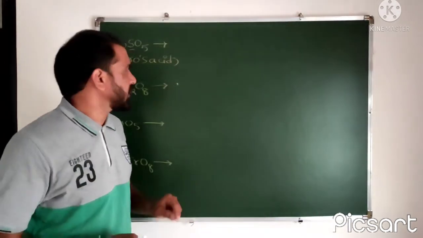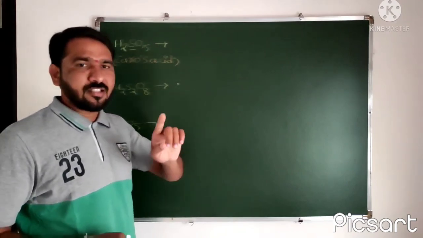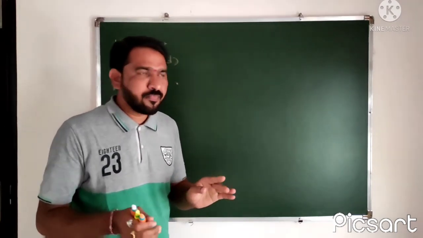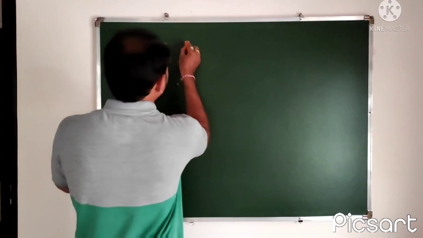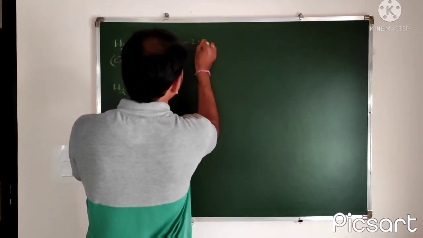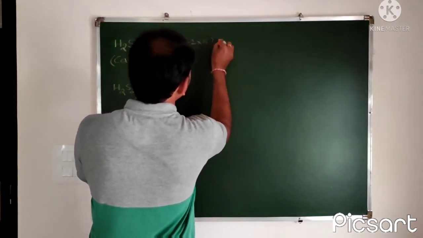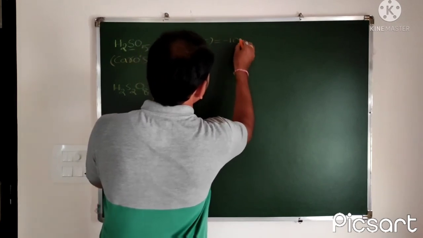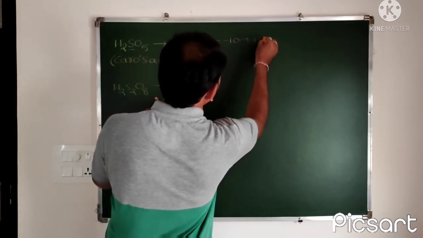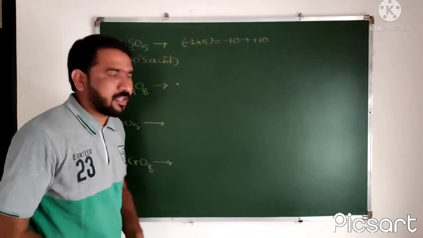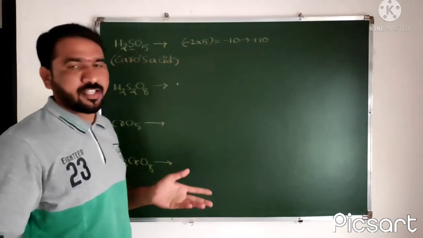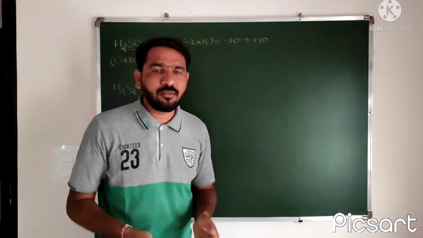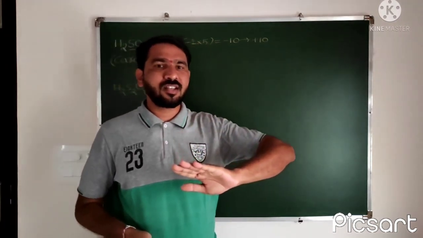Coming to oxygen. Oxygen general oxidation state is -2. Is it clear? Into number of oxygens, -2 into number of oxygens 5, that is equal to -10. It means +10. Because of what? Over the molecule nothing is there. There is no charge, it means it is a neutral molecule. How many negative charges are there in the molecule?